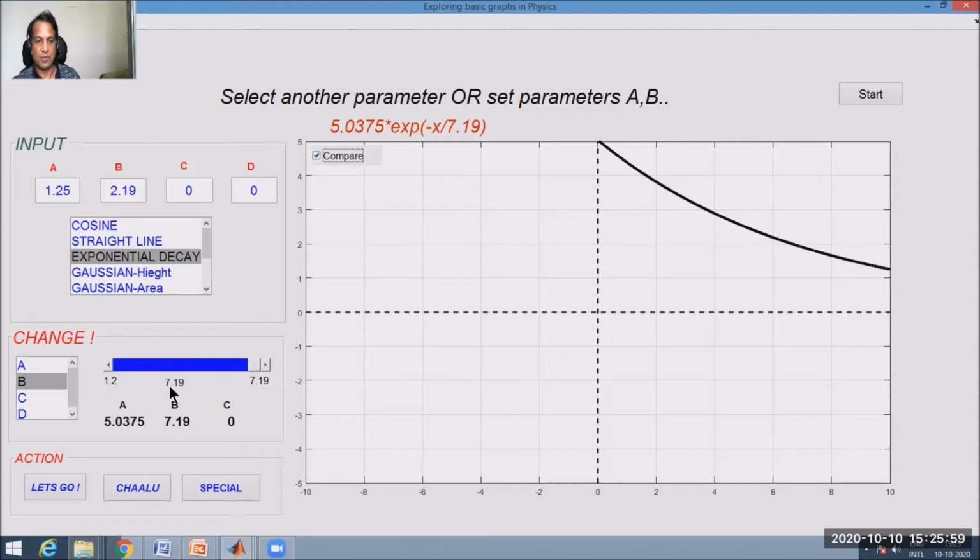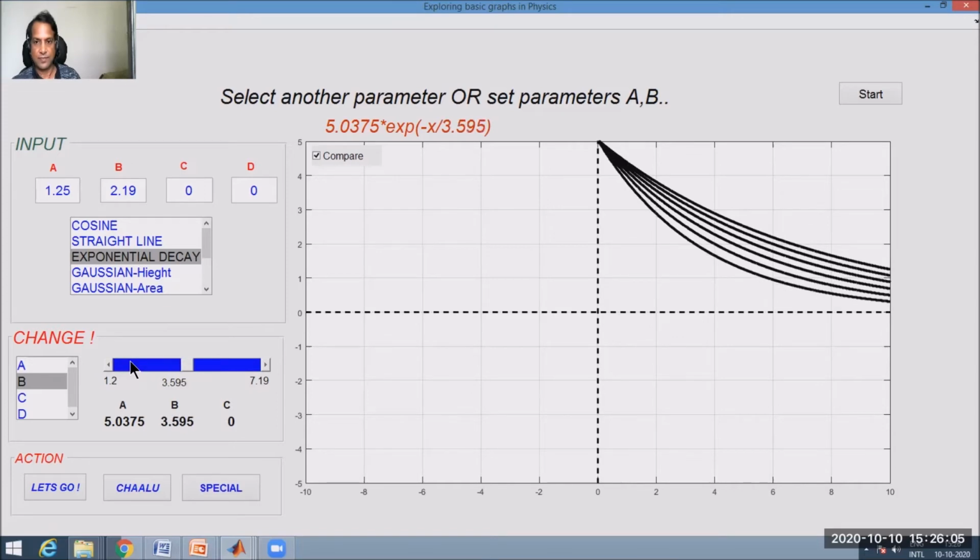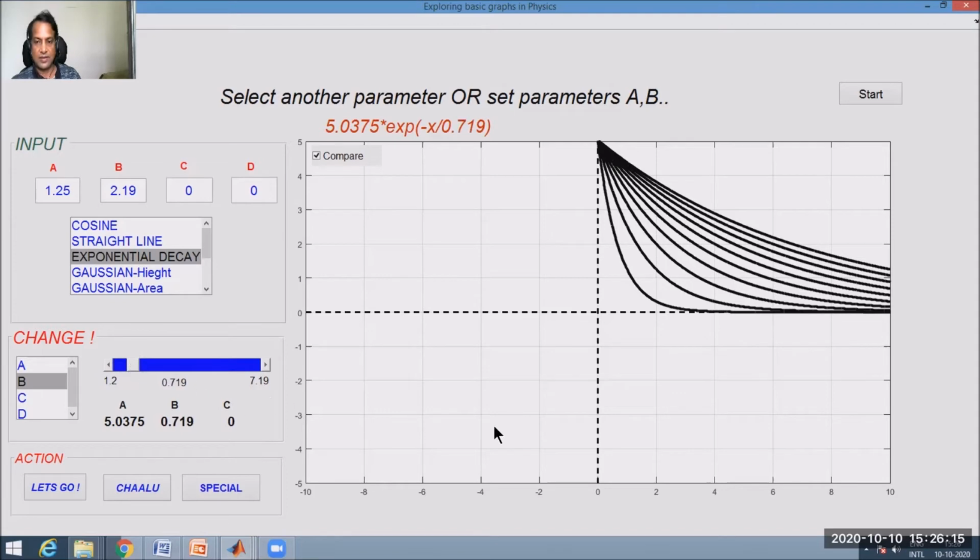Let's look in compare mode. See, at x equal to 0, all of them have 5. But as b is decreasing, we can see the function is changing very fast.